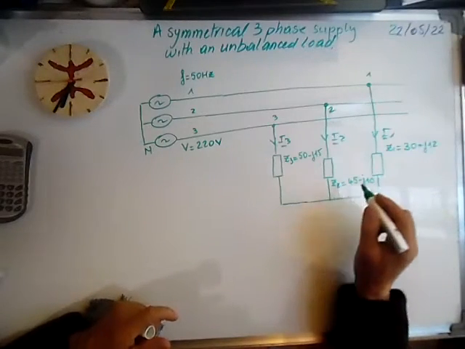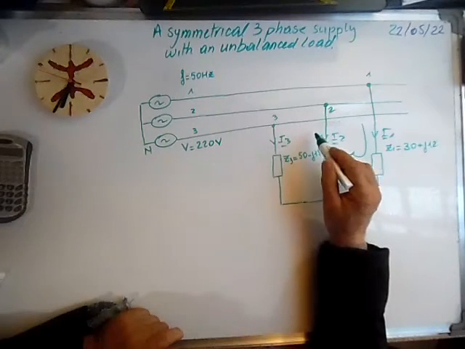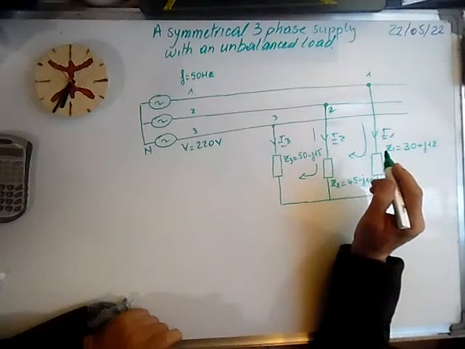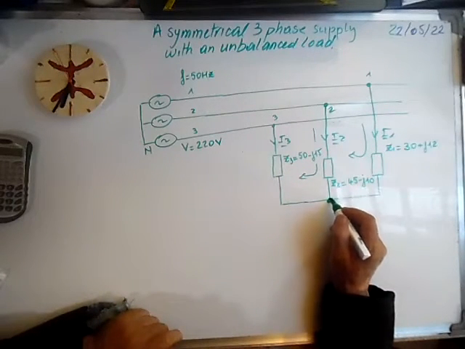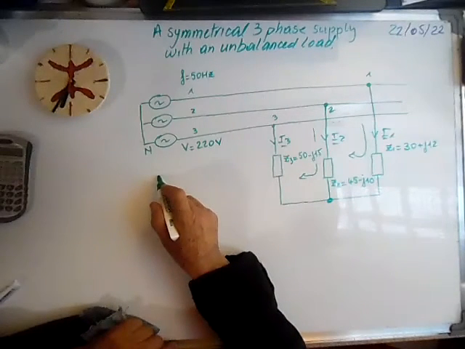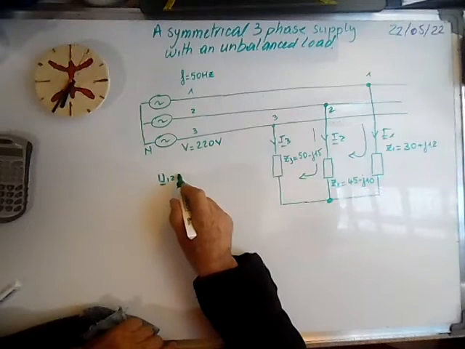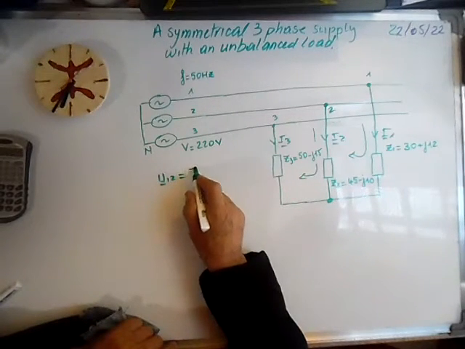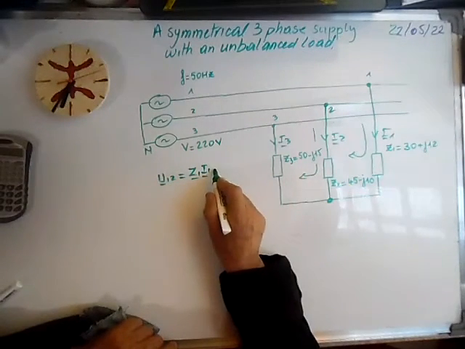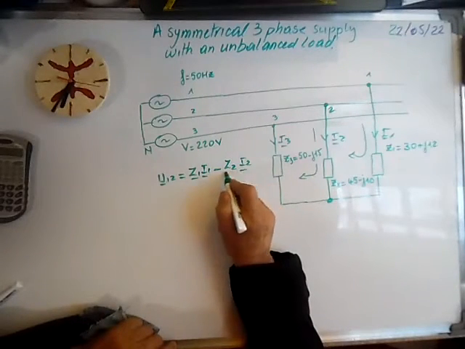We have two meshes here, and we can write the first equation. So the first equation we can write is that the line voltage U12 is equal to the drop at this impedance minus the drop at this impedance.